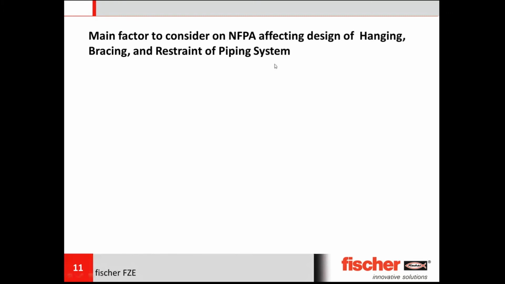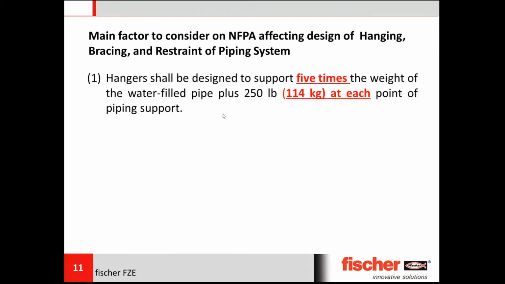So the main factor to consider on NFPA affecting the design of hanging, bracing and restraint of pipes is point number 1. All hangers shall be designed to support 5 times the weight of water-filled pipe plus 250 lb, or 114 kgs, at each point of piping support.